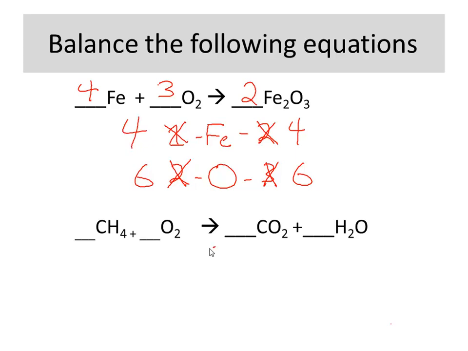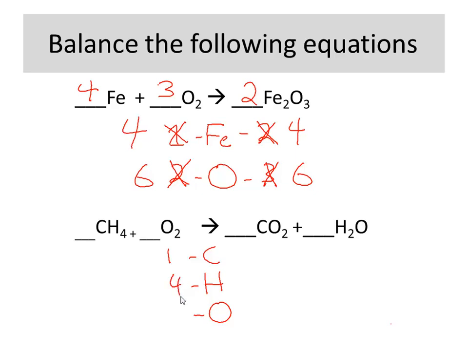Here I have 3 elements: carbon, hydrogen, and oxygen. So let's do a tally. How many carbons do I have in my reactant side? CH4. How many C's? 1. I only have 1 C here. The 4 applies to the hydrogen only, not the carbon, because carbon and hydrogen are separate elements. How many H's do I have? 4.